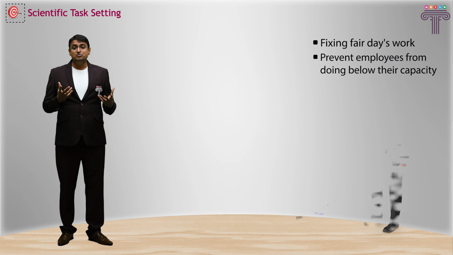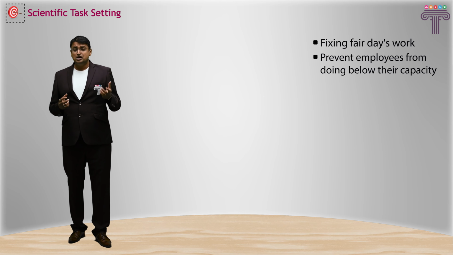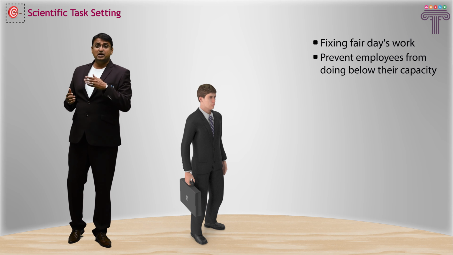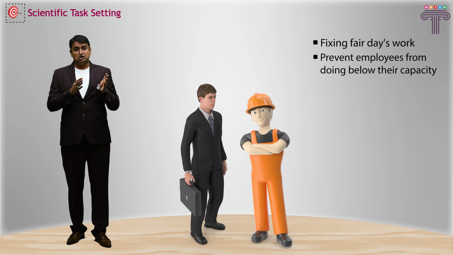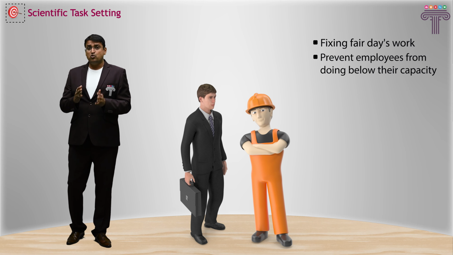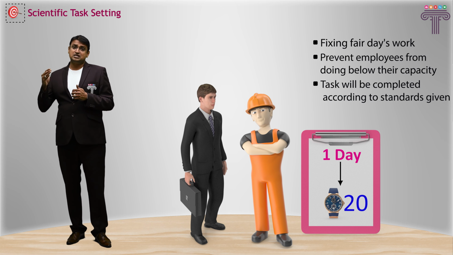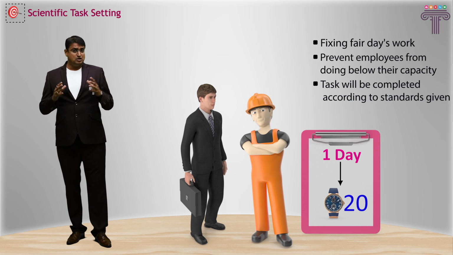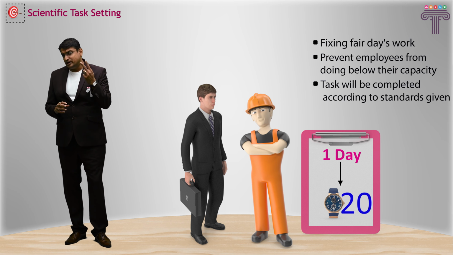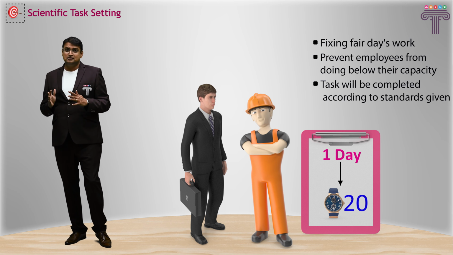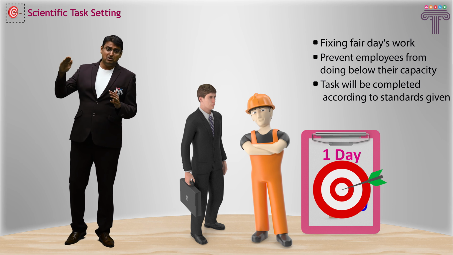Now, scientific task setting gives me a huge boon, not only for management, but it also gives us what? Awareness to employees that this much is the task assigned as per the standard given. So employees also know that, boss, in a day I need to ensure that 20 products should be produced. So employees are also aware about how much standard they need to minimally achieve.